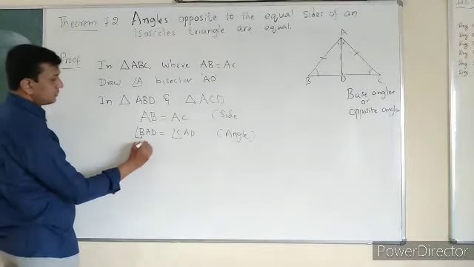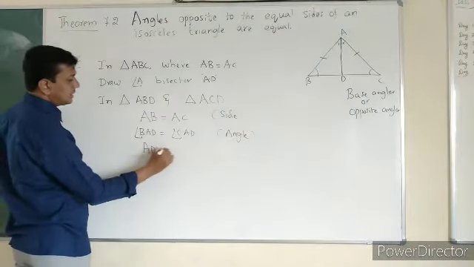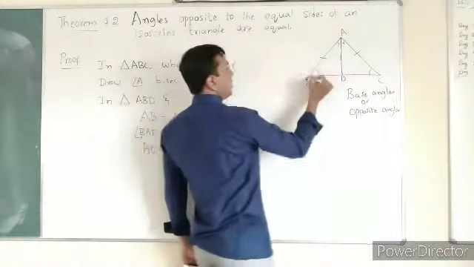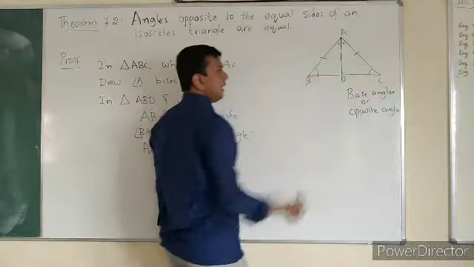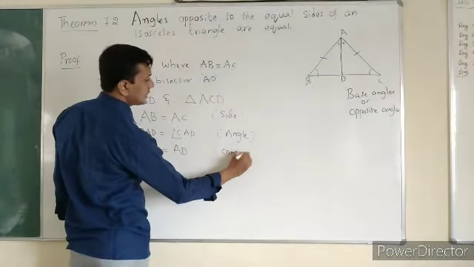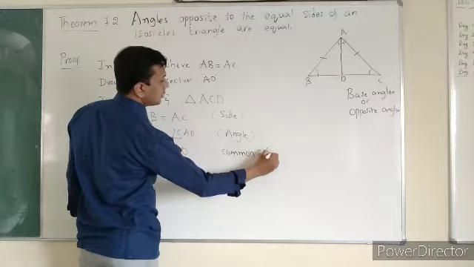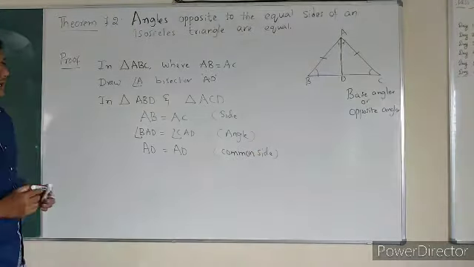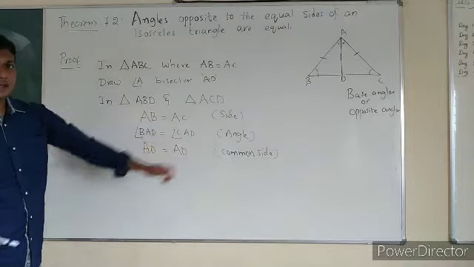Next, we have AD is equal to AD, because when you take triangle BAD and triangle CAD, AD becomes the common side. Now, which components are you getting here? Side, angle, side.